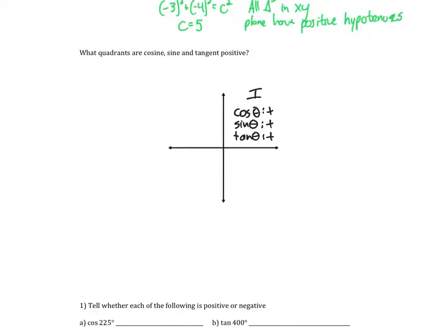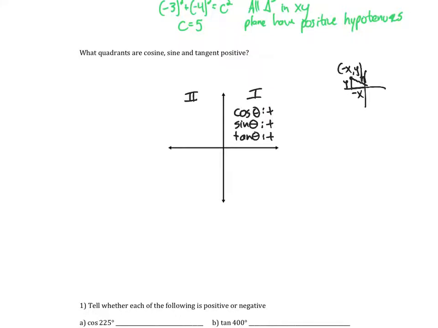Okay, but let's go to quadrant 2. And if we think about, I'm going to maybe draw something a little bit over here. If I draw a triangle in quadrant 2, that is a horrible triangle, this point here would have a negative x value and a positive y value. So negative x, positive y, and we know the hypotenuse there, that's supposed to be an h, is always going to be positive.